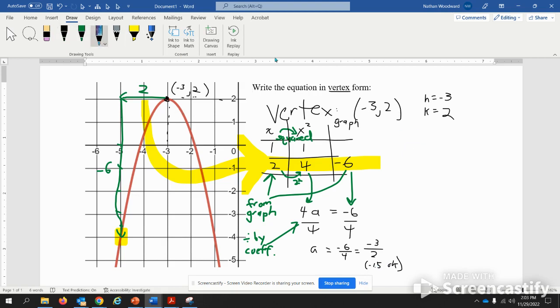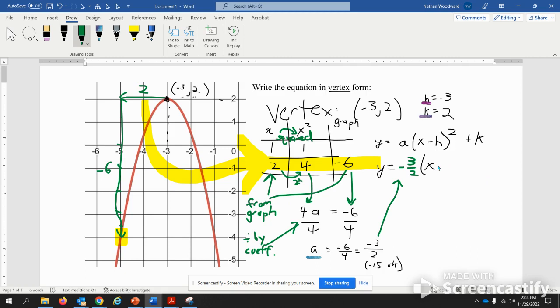Now we have h and k and a. So we need to put it in vertex form, which is y equals a times (x minus h) squared plus k. So in this case, it's y equals a is negative 3/2 times (x, now we have minus h.